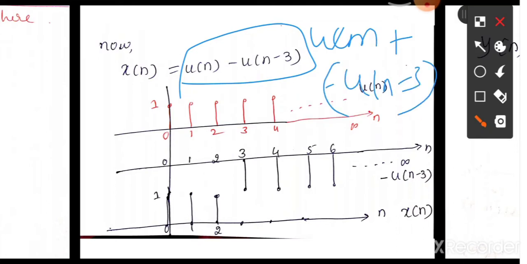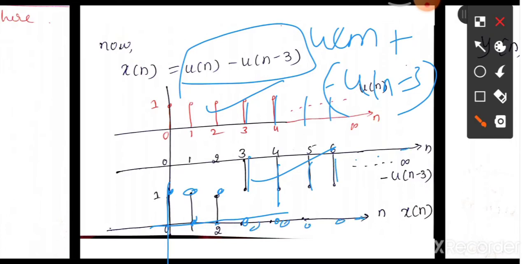So addition of these two, this plus this, gives us at 0 1, at 1 also 1, at 2 1, at 3 0, because it is plus 1 minus 1, plus 1 minus 1, and so on. So these values will remain zeros. The signal we get for x of n is 3 samples at 0, 1, 2 with magnitude 1.